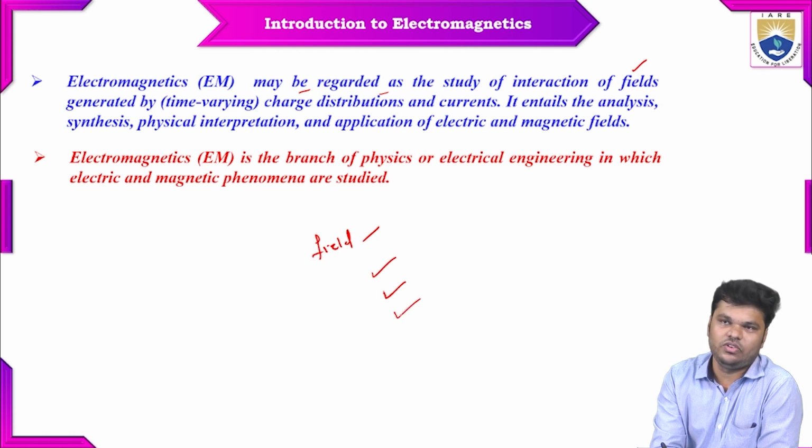Isn't circuit theory enough to understand the concepts present in electrical engineering and electronics and communication engineering? In the next few minutes, we will look at all these things in great detail and how circuit theory fails to answer questions which can be answered by electromagnetic theory, because in certain situations, circuit theory fails to predict the correct solution.